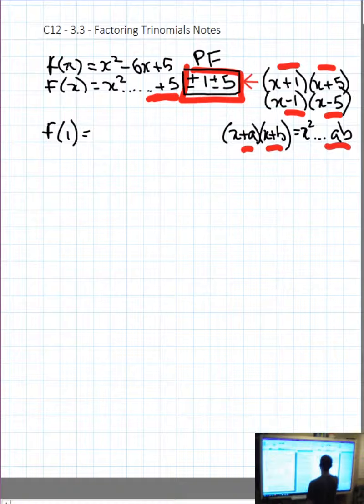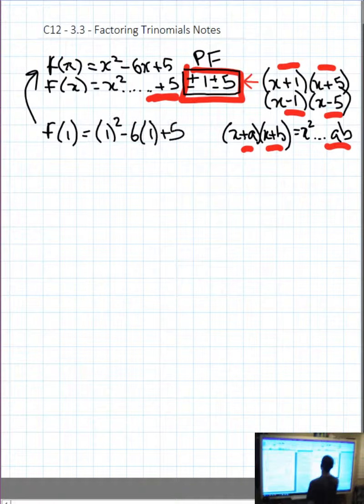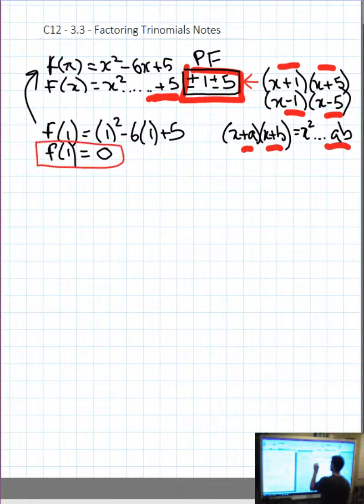If I take 1 and put it into the original equation, 1 squared minus 6 times 1 plus 5, f of 1 is therefore 1 squared is 1, negative 6 times 1 is negative 6, 1 minus 6 is negative 5, plus 5 is 0. So I proved the factor theorem. f of 1 was equal to 0, so I know that x minus 1 is a factor.